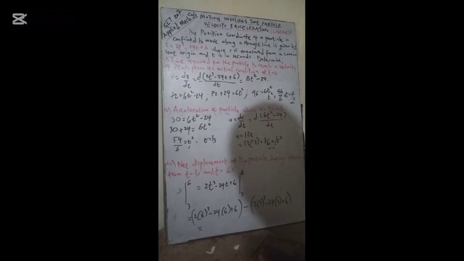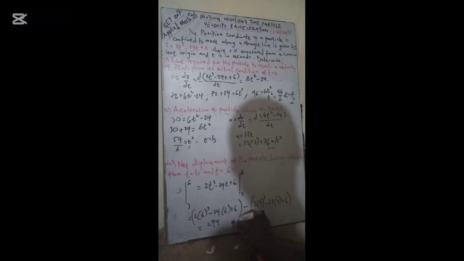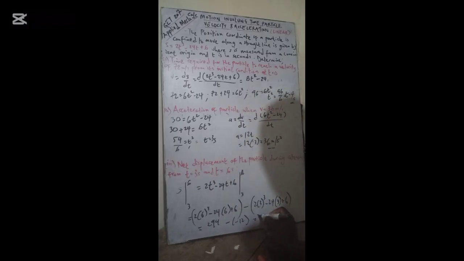So what will that give us? When we calculate that, on this side you are going to have 294 here. Then this minus, here we are going to have minus 12 when you calculate this. So you have minus 12. So this minus is turned to plus. So 294 plus 12, that is 306. 306 meters. That's the end of this video.